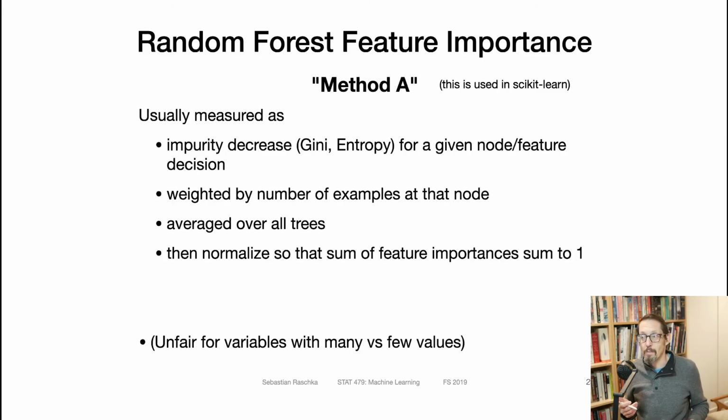Now, another cool thing about random forests is that you can use the Gini impurity or the entropy or whatever of a given node as a measure of its feature importance. Nodes at the top of a tree, the root, are going to have the highest split value, the biggest decrease in Gini or entropy when you go through that node.